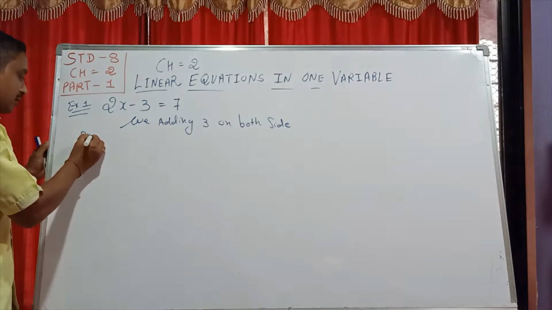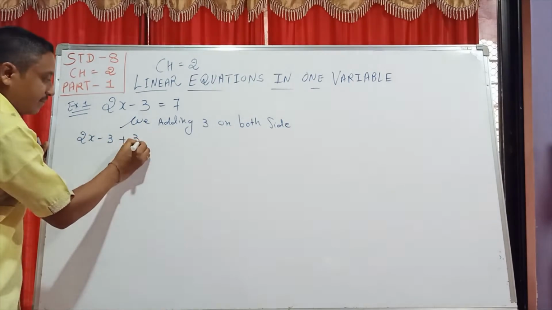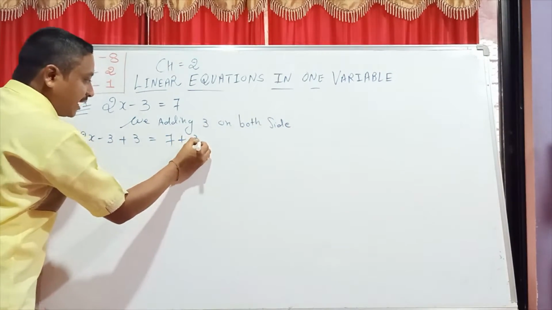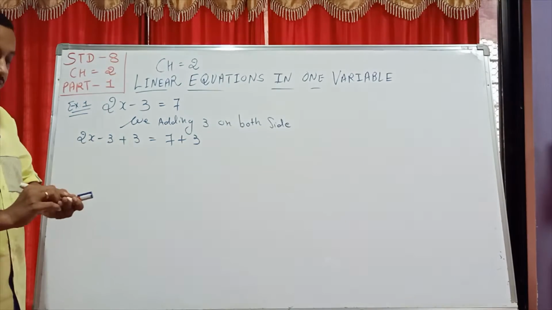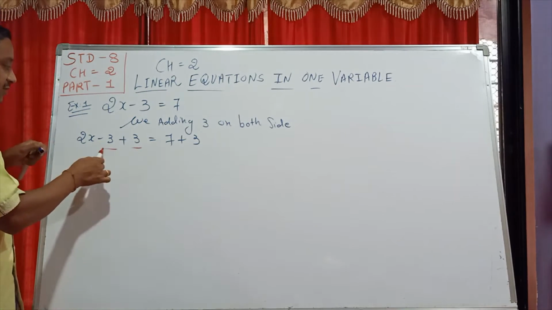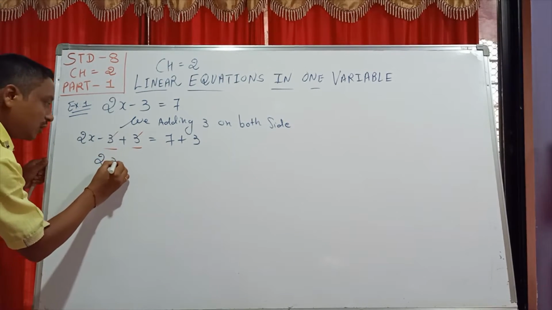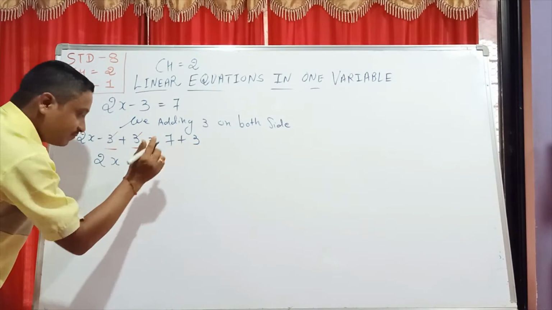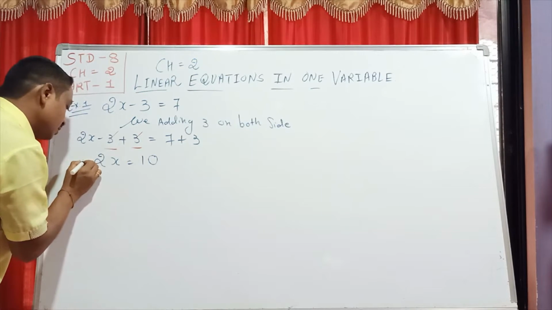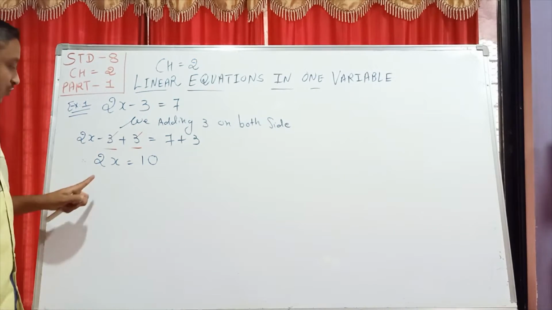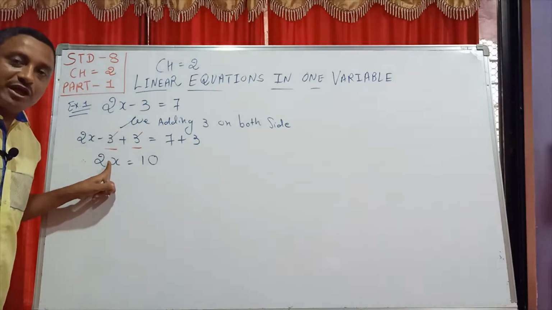So you get 3 added on the right side and left side. Now students, check. This and that value cancel. So you have only 2x is equal to 7 plus 3, definitely 10. Now what to do for obtaining only x?